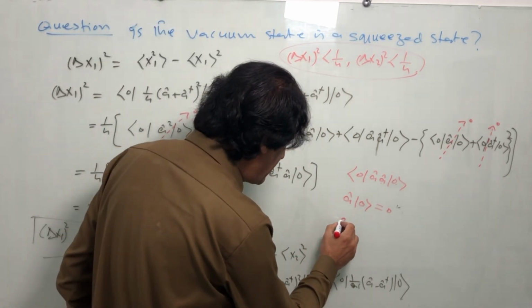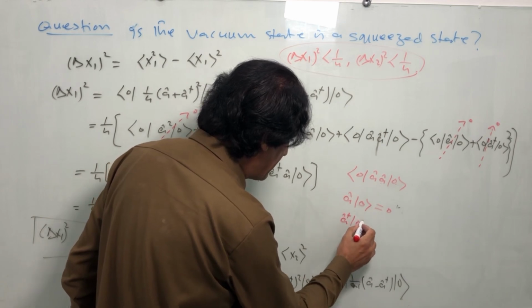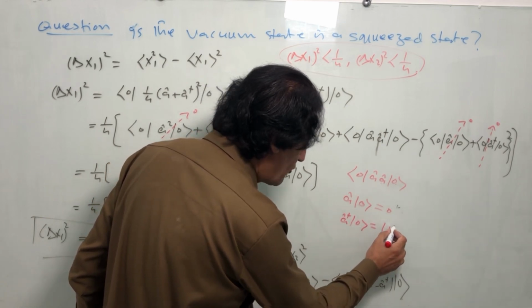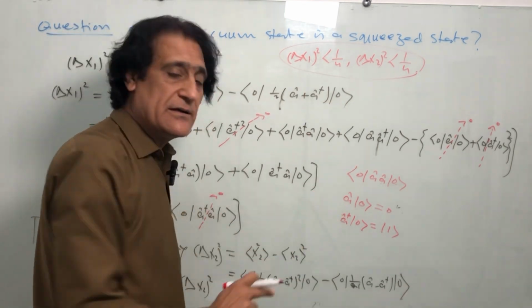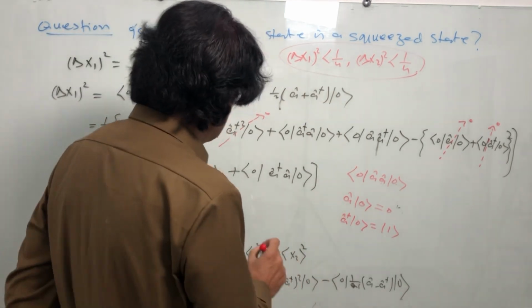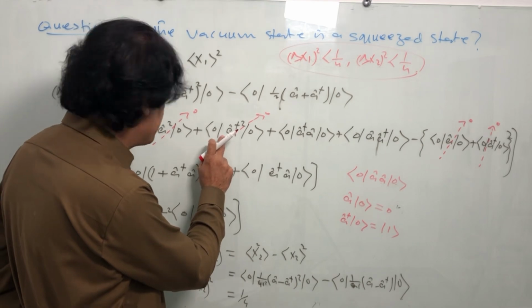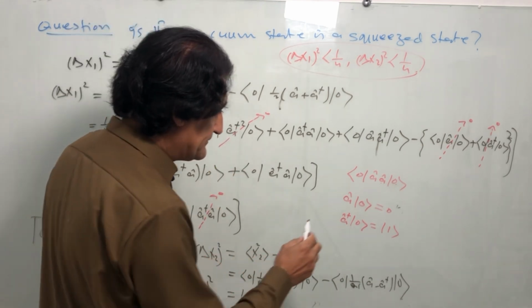But whenever you apply a† on a vacuum state, you get |1⟩, meaning one photon can be created by the creation operator. Now why is this equal to 0?